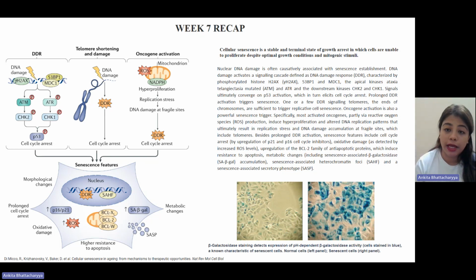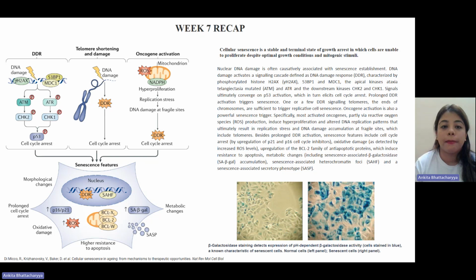And therefore, despite optimal conditions and despite availability of nutrients and mitogens, when a cell is preferring not to go into a state of division and is preferring instead to stay in this state of terminal growth arrest, then in such circumstances, we say that the cell has entered a state of senescence.